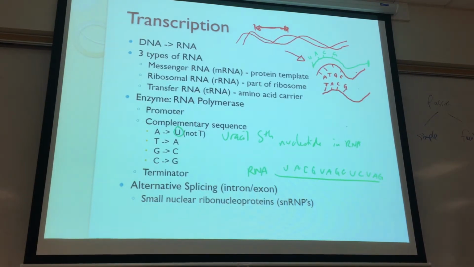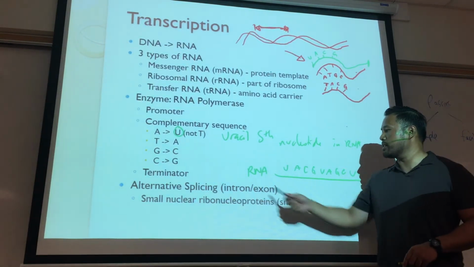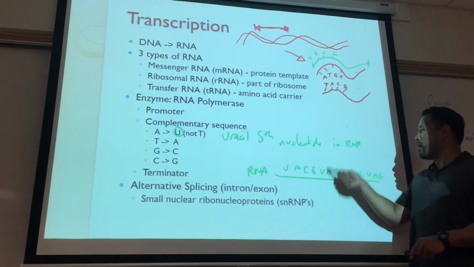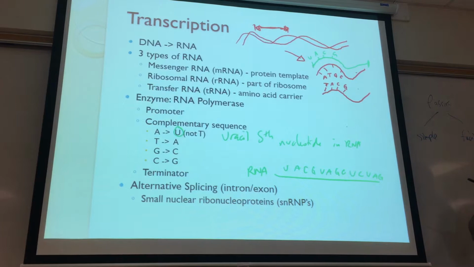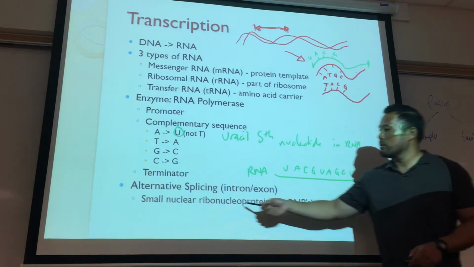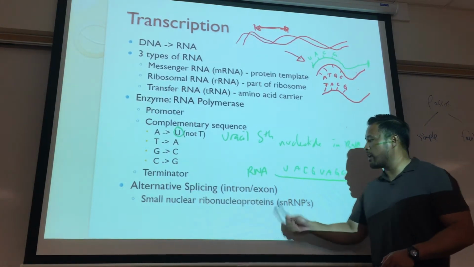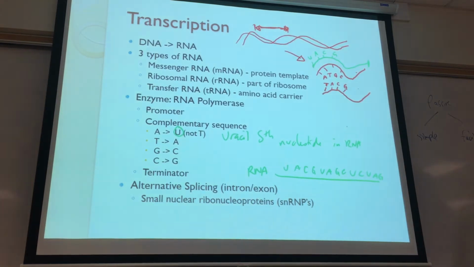Now we're going to undergo a process where we're able to cut out certain things that are not relevant. So we're going to find pieces on here that might not be what we're looking for. We have small nuclear ribonucleic proteins, otherwise known as SNRPs, and they come in and excise areas that we don't need.